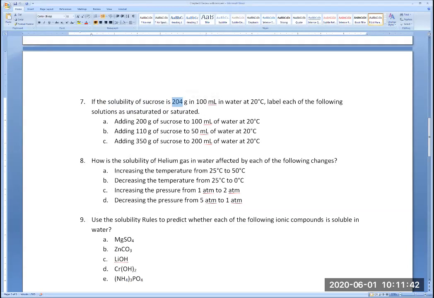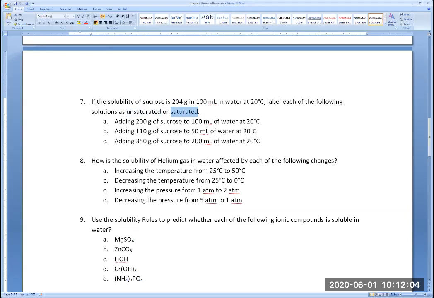After that, the grains will not dissolve anymore. And so if you pour more sucrose, then you will have some sucrose left crystallized at the bottom of your container.